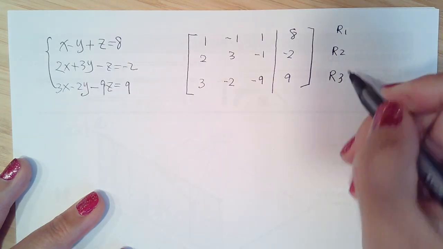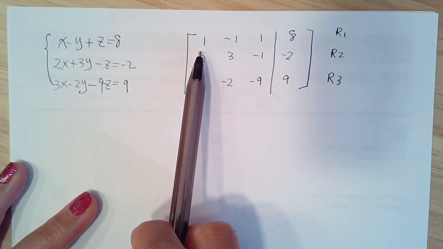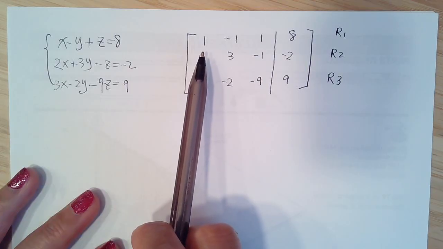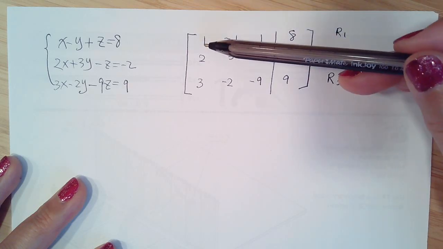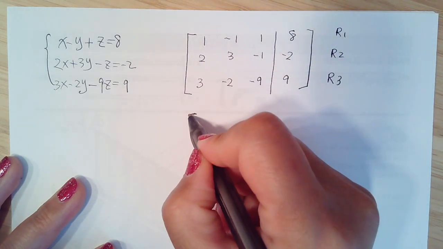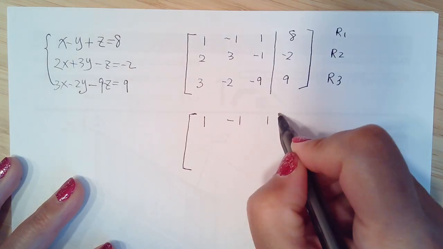What is your first job? The first job is to get the top left corner 1. And luckily you already have it. You don't have to do any switching or division. You already have 1, so the first job is done. Then the next job is to make the numbers down below here to be 0. So we can do that. I copy the first row because the first row I'm very happy about it.